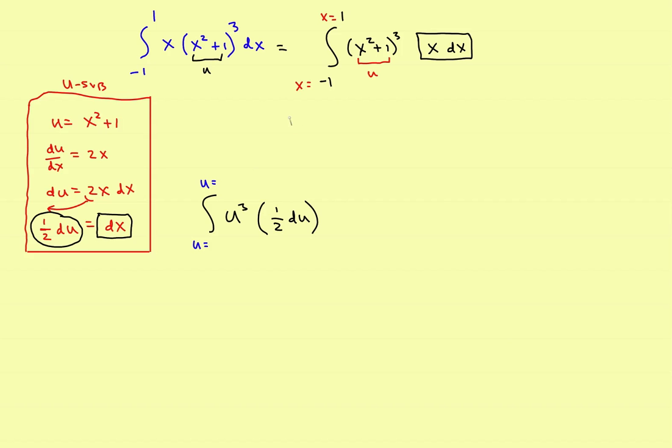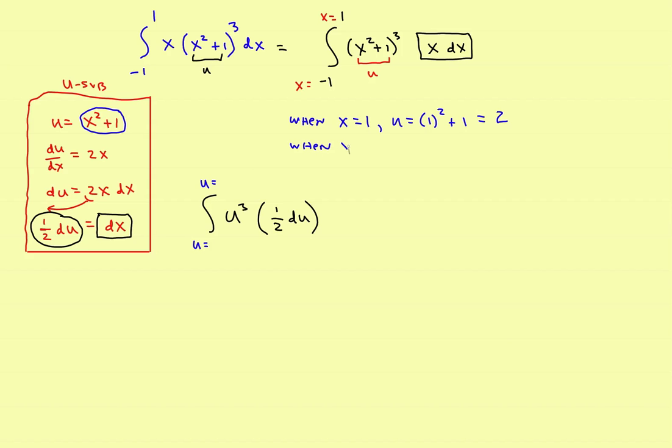So starting with the top limit, when x is equal to 1, u is equal to, and plug a 1 into this right here and see what u is. So it would be 1 squared plus 1, which is 2. Now the lower limit.